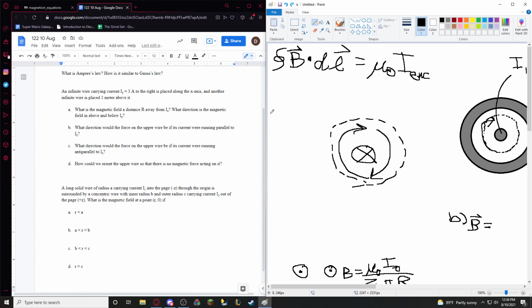So it's just B times the integral of dl. What's the integral of dl? 1 over L? Wait, no, I'm being dumb again. 1 over L squared? No, it's just the integral of 1 dl.